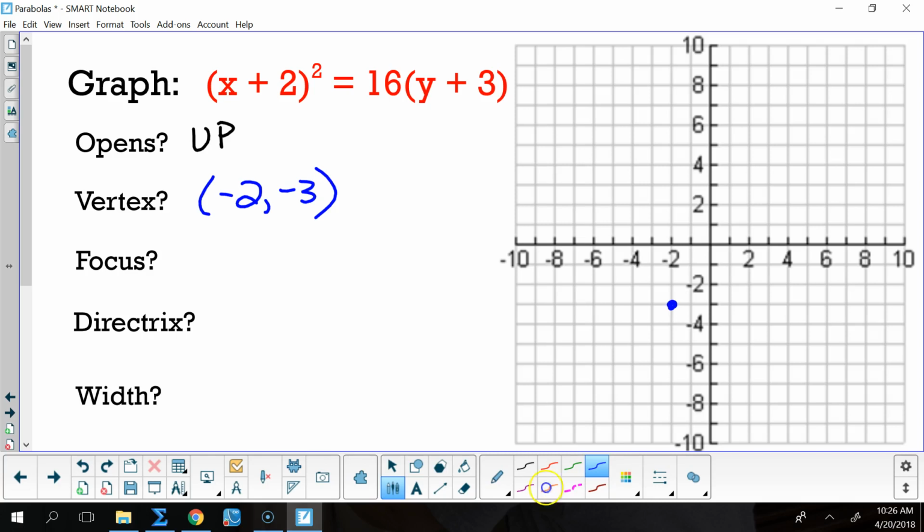So sidebar then, 4p is 16, so p is 4. So the distance to my focus from my vertex is 4 up. 2, 3, and 4. Oops, I should put an F there, not a dot.